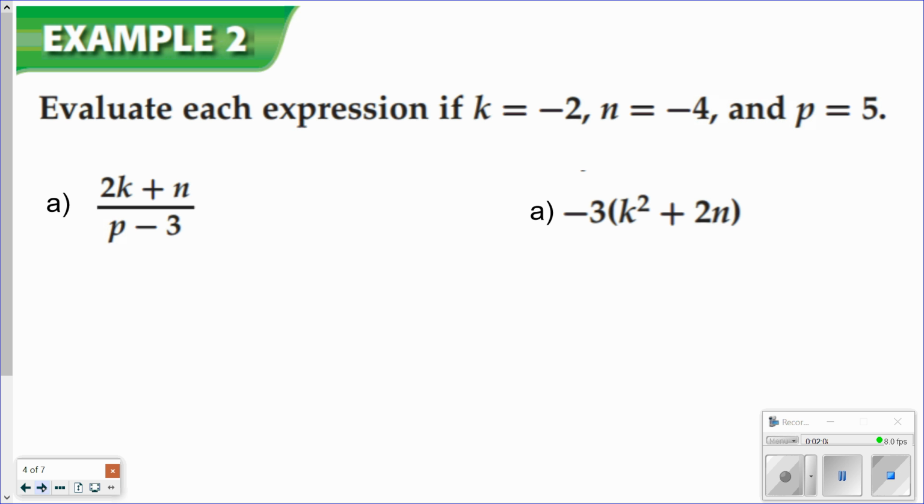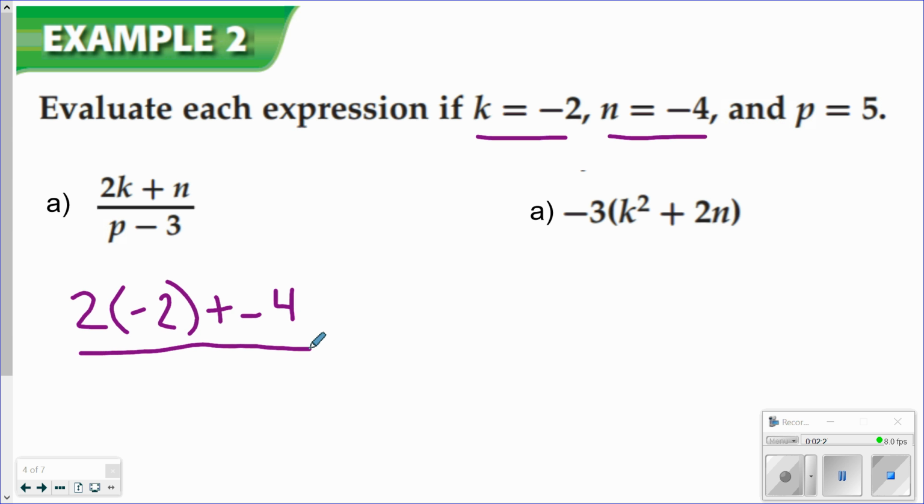The first thing we want to do is substitute everything we know for the variables. So we have 2, k is negative 2. I'm going to put a parenthesis around that, plus n, well n is negative 4, divided by p, we know p is 5, minus 3.